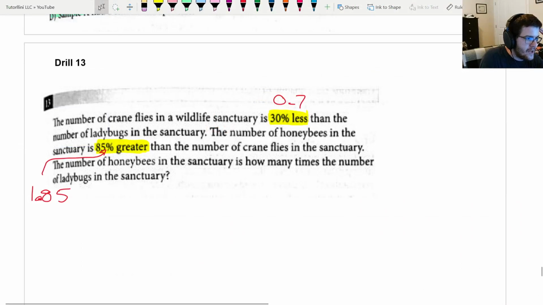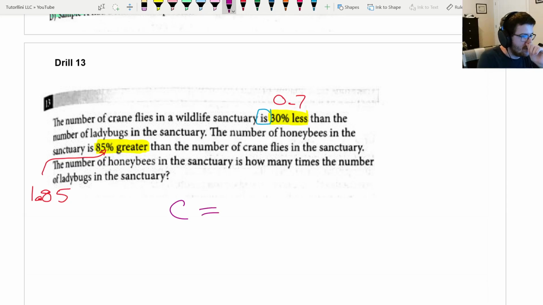Okay, let's come back over here. So the number of crane flies. Why don't I use C for crane flies? And then I see this magical word, is, which means equals 30% less than the number of ladybugs. So 0.7 times L for ladybugs. And then it says the number of honeybees in the sanctuary.